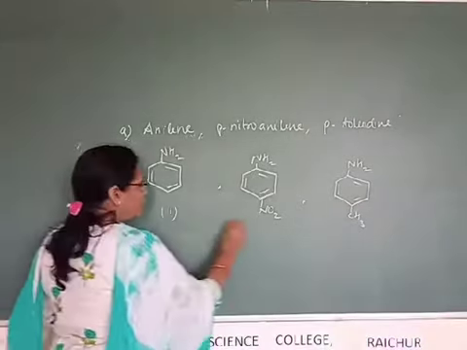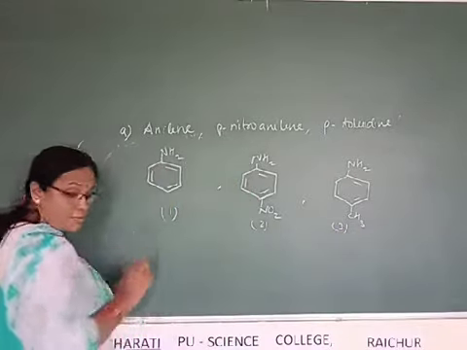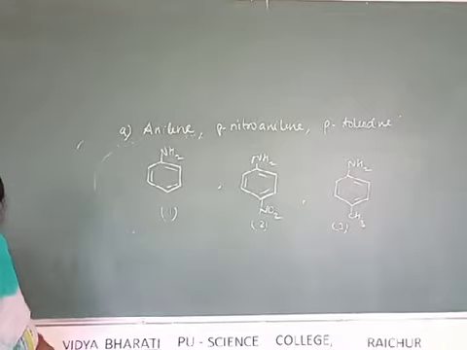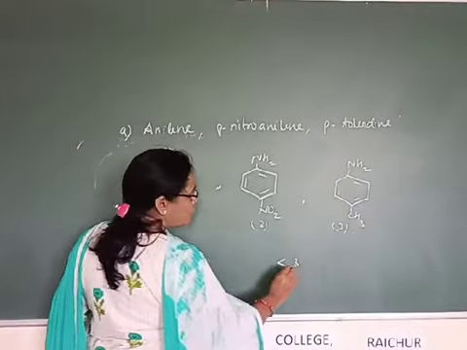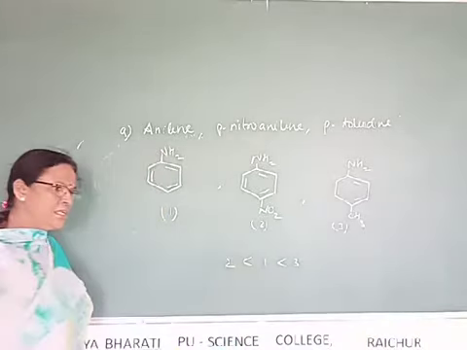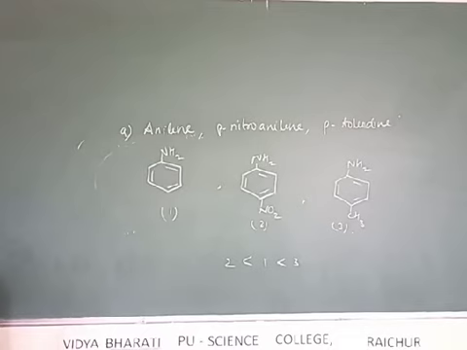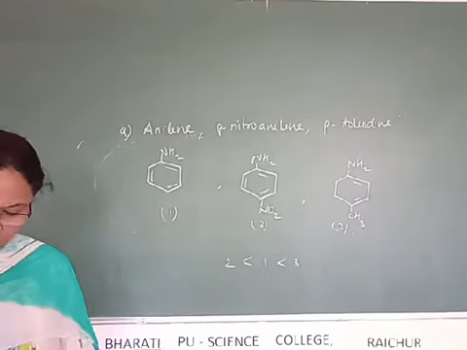So shall we give the numbers 1, 2, 3? We have to arrange in increasing order of basic strength, means the third one has maximum basic strength, then first and second will have least basic strength. Is it clear?